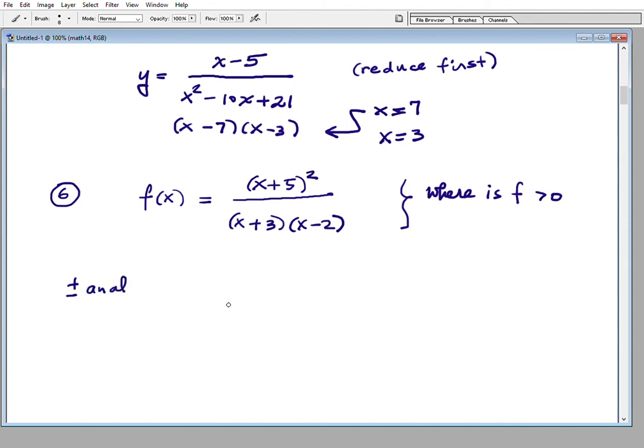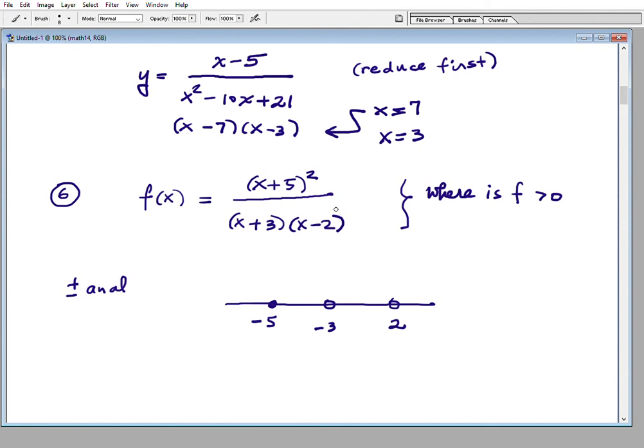On the number line, we put the zeros of this. So we'll put negative 5, for the top here. And coming from the denominator, we'll put negative 3, and 2. And we just want to know, where is it positive, where is it negative?